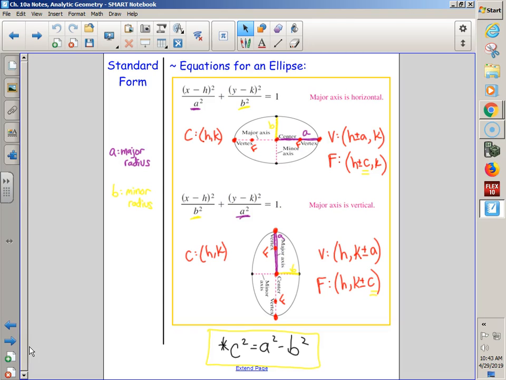Y minus k squared, which is weird, but it goes on the left, right? Now, usually in parabolas, we'd say something like a, but we don't. What do we say? 4p. Because this p is the same distance to the focus and then the opposite way to the directrix, right?